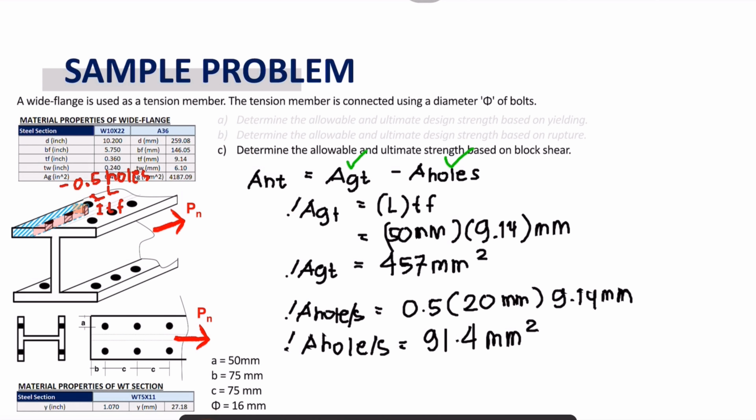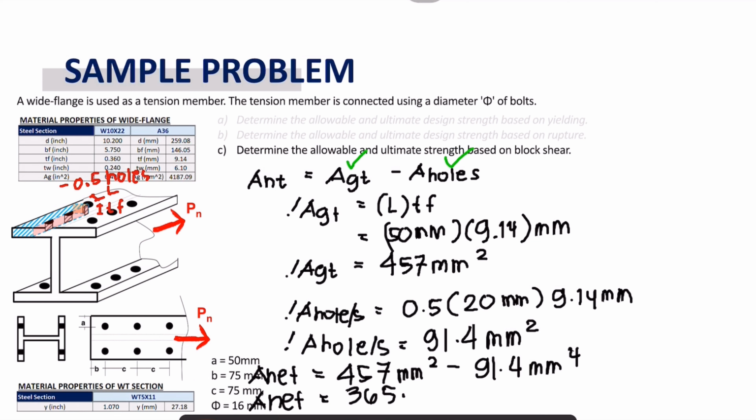So, therefore, our area net in tension side is equal to gross area ng tension, 457 mm squared minus area ng holes sa tension side, 91.4 mm squared. So, therefore, our area net should be equal to 365.6 mm squared.